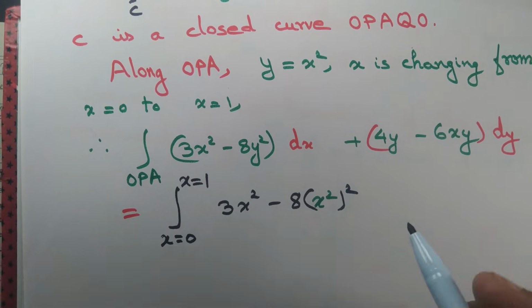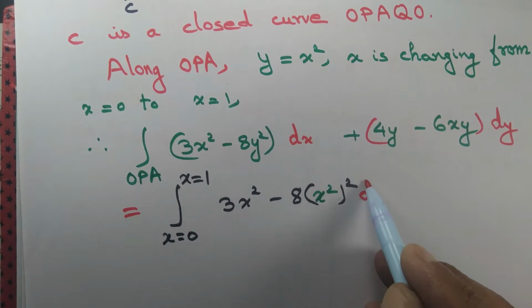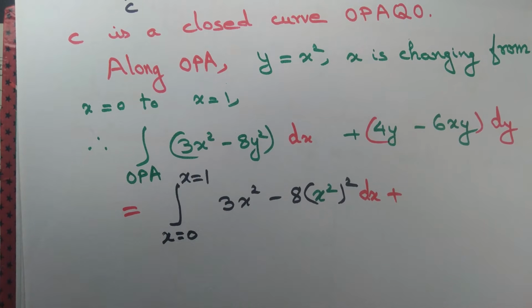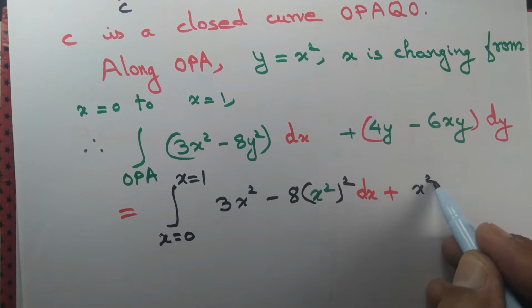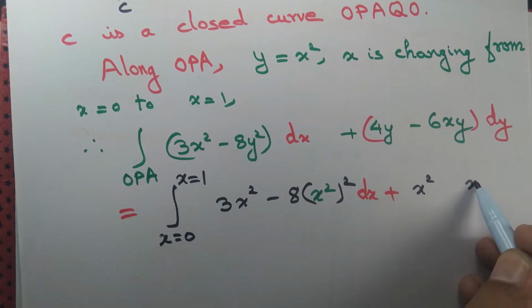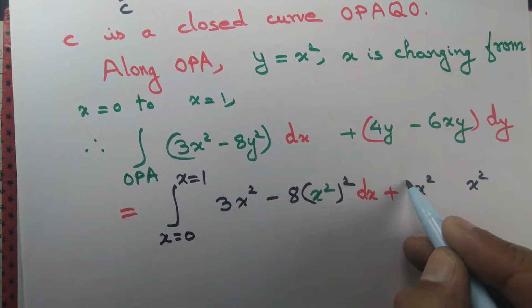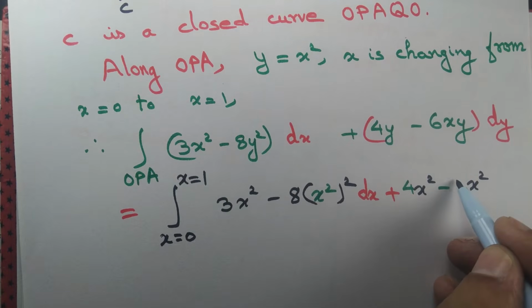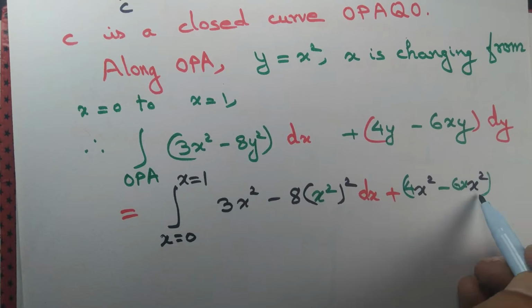dx as it is. Instead of y, I'll write x square. Rest of the thing I'll copy as it is. For y, we have written x square. Rest of the expression we copy as it is.